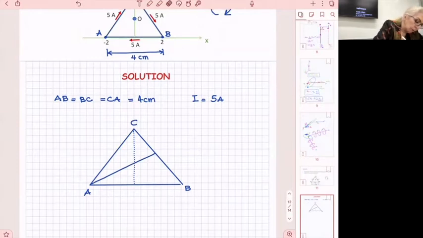Let me erase this for a moment. If this angle is 60, then this is 30.